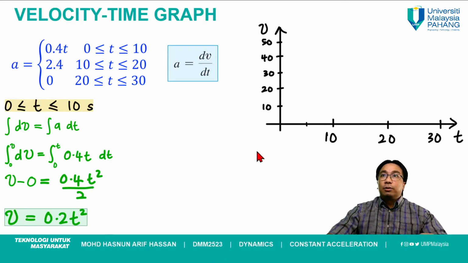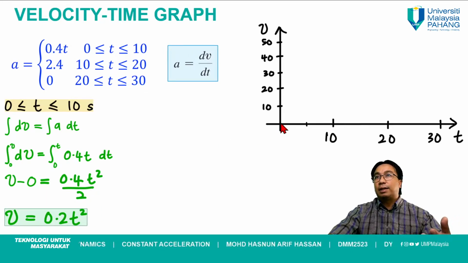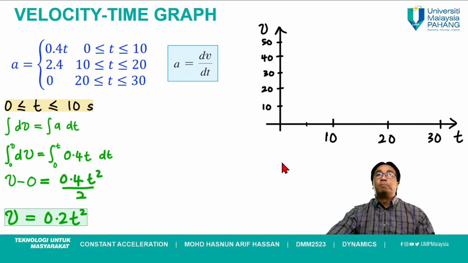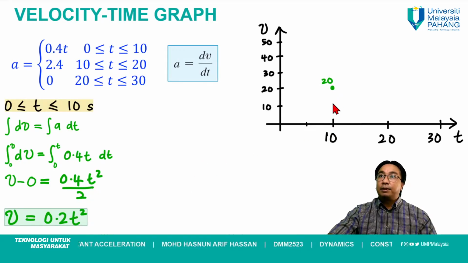Okay. So pada masa t equals to 0, you substitute t equals to 0 dalam ni, you akan dapat v equals to 0 also. So dia starting point dia 0, 0, 0. Now kita nak tahu pada t equals to 10, dia jadi berapa? So t square, 10 square is 100, multiply with 0.2. So you akan dapat 20. So okay, pada 10 value v ialah 20.